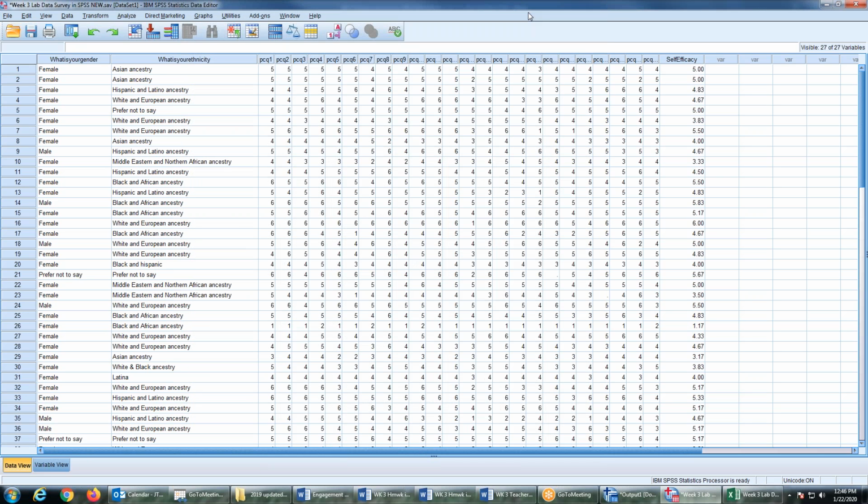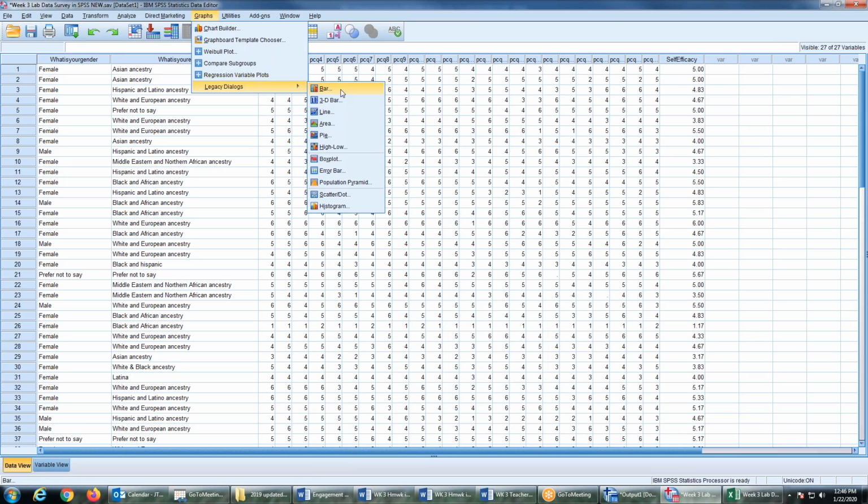So I'll just do it with self-efficacy. I'm trying to remember how I did this. I know it's in the next teacher notes, I think.